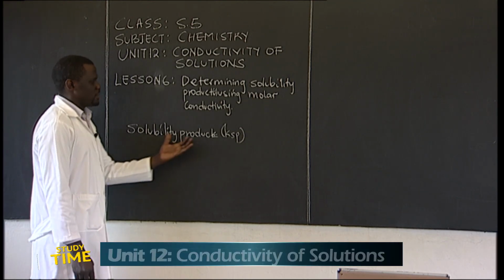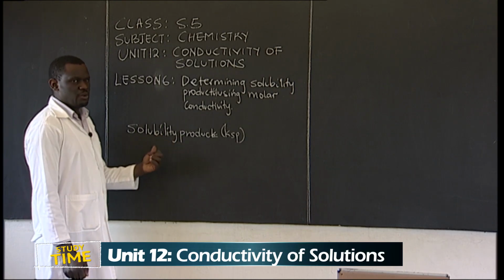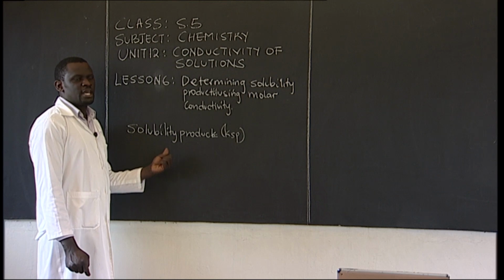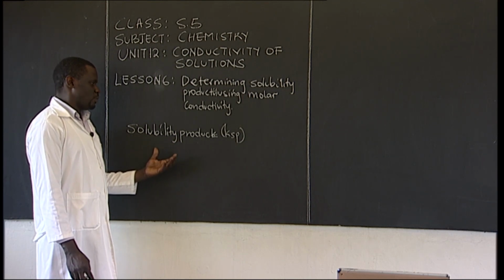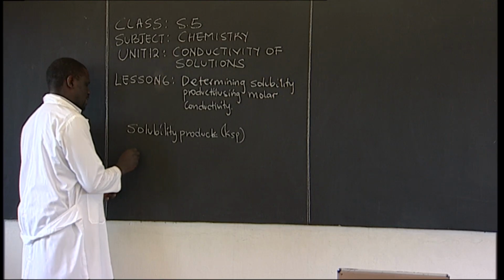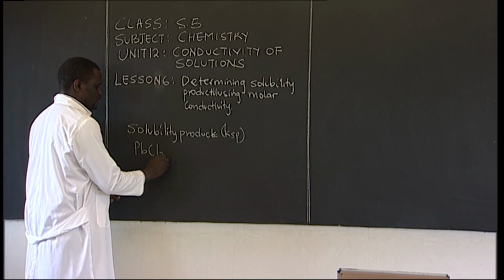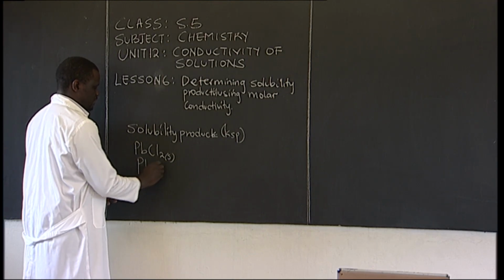Solubility product, we normally use it when we have a sparingly soluble salt. So what is a sparingly soluble salt? It is a salt which partially dissolves in water. For example, we can take lead 2 chloride. Lead 2 chloride is sparingly soluble in water.